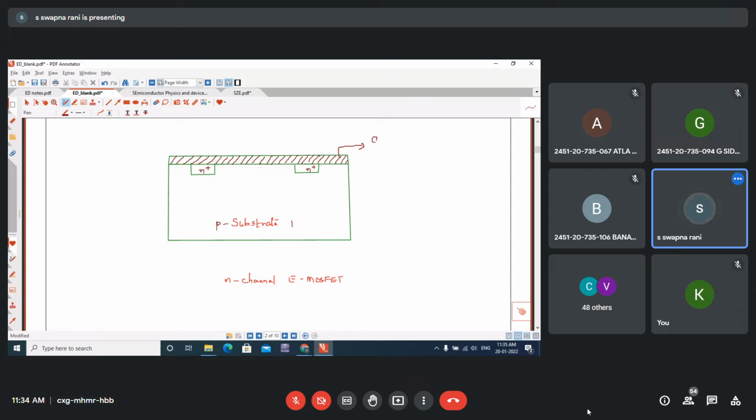So this is the oxide layer. It acts as dielectric or insulating material.